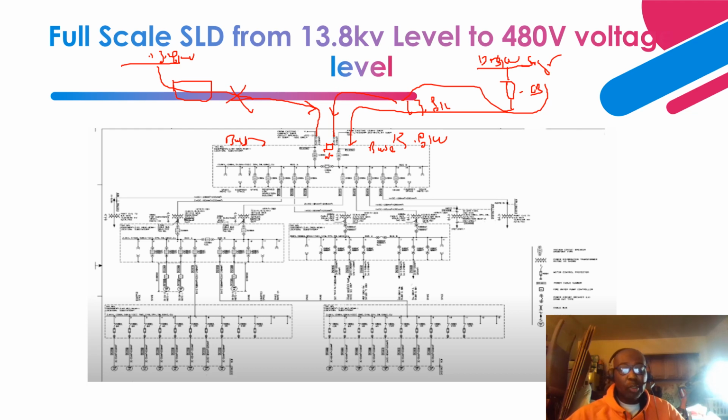Okay, so this bus, for instance, should have a continuous nominal current, right? And short circuit capability. The short circuit capability should have a symmetrical and an asymmetrical rating. Asymmetrical is actually the highest peak short circuit current, right?